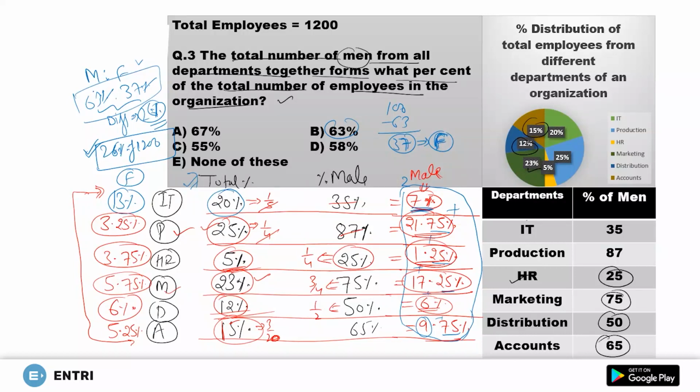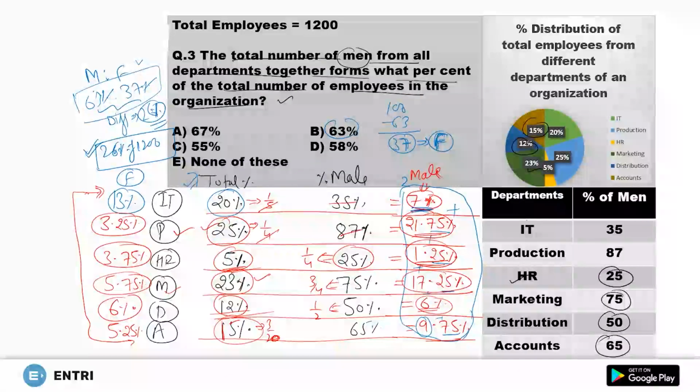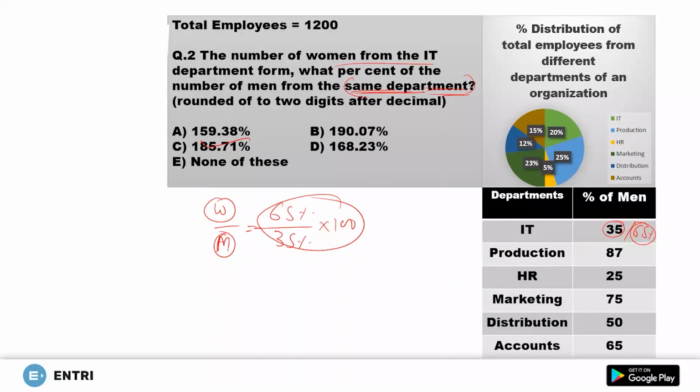So now move to the next question. What is the next question? Question number 4. What is the total number of women from the production department and HR department together? Back to that question, this one is your production, this one is your HR. You need to find out the total female. You have calculated here, female are 3.25 and here 3.75.